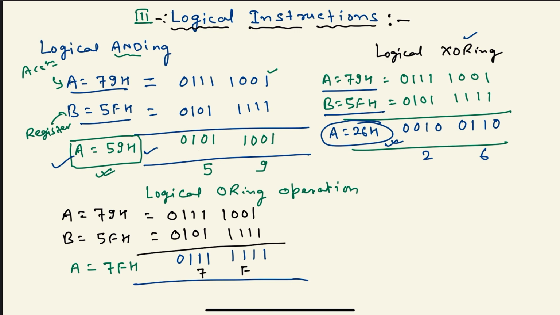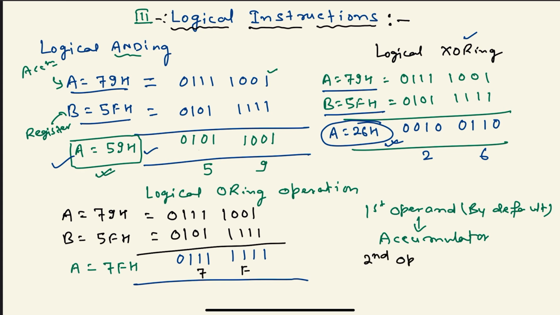So in all these three logical operations, by default, the first operand is the accumulator. Here I am writing that the first operand by default will be the accumulator register. And the second operand we need to specify.